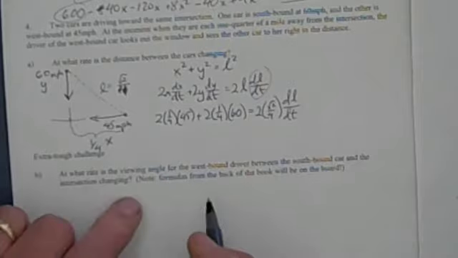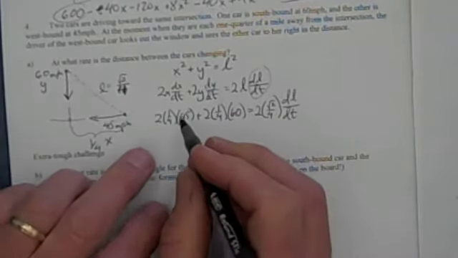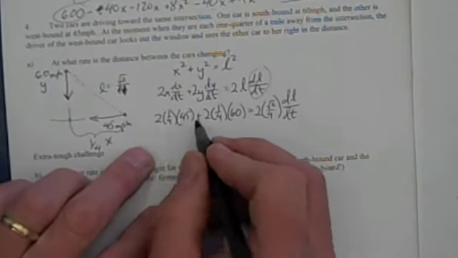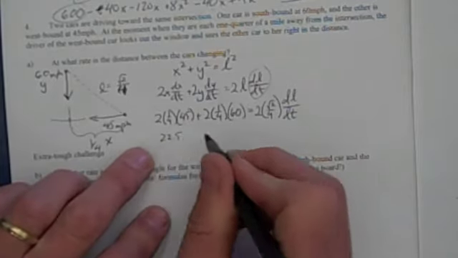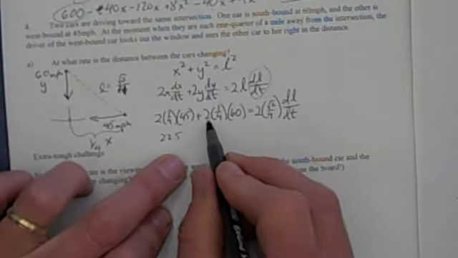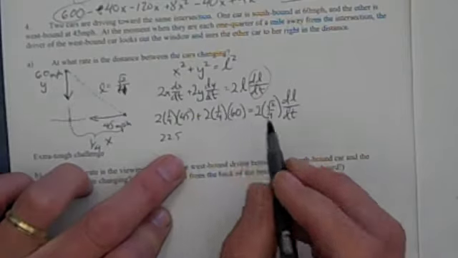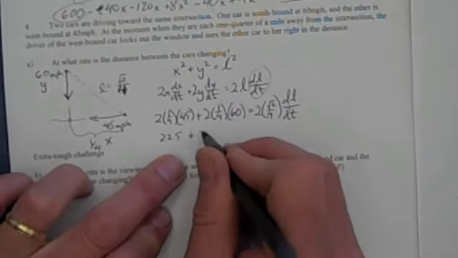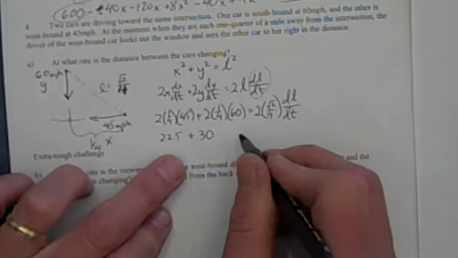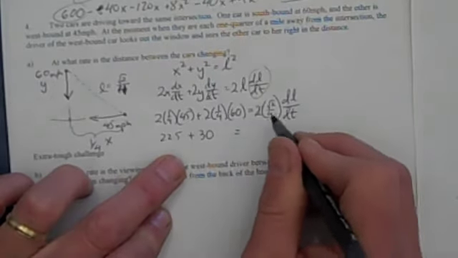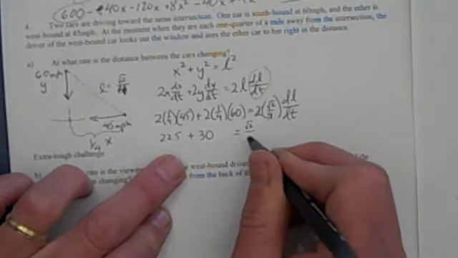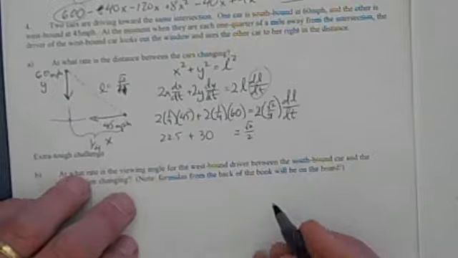Okay? When you do the math, you're going to get 1/2 of 45 is 22.5, and then 2 times 1/4 of 60 is 15, that's plus 30 there, and then that's going to be equal to, cancel a 2, and radical 2 over 2 is 0.707.